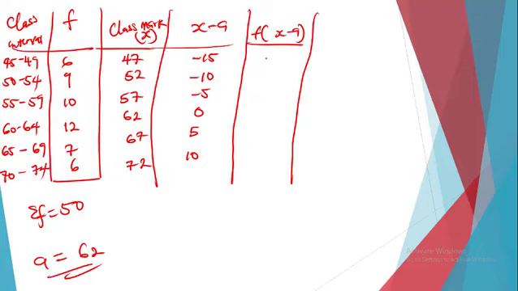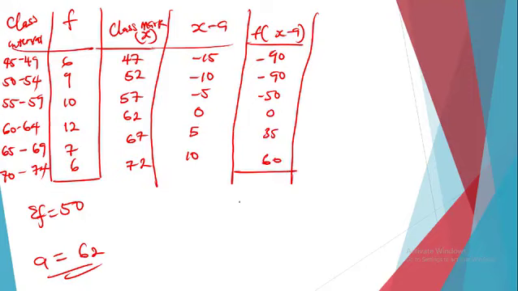So we have 6 times 15, which will give us 90. Because of the negatives, I have minus 90. 9 times minus 10 will give us minus 90 also. And 10 times minus 5 will give us minus 50. 12 times 0 will give us 0. 7 times 5 will give us 35. 6 times 10 will give us 60.